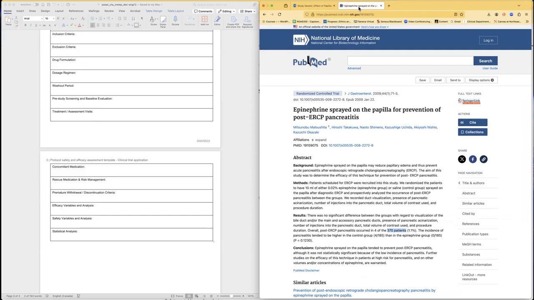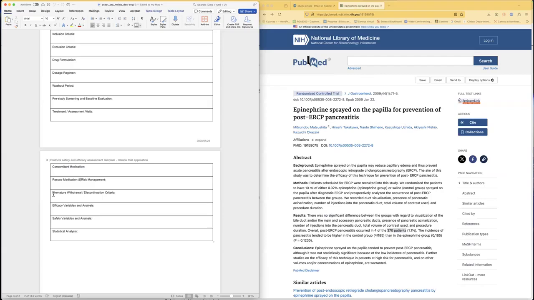And in this case, we can again write down what the concomitant medication is. And the same information applies to the rescue medication, risk management, and the premature withdrawal discontinuation criteria, where the information is already in the research protocol.